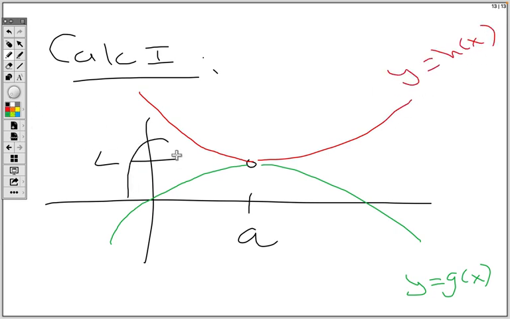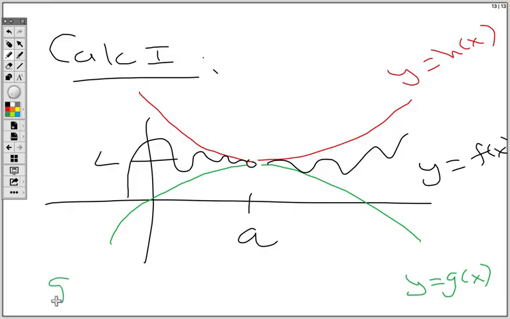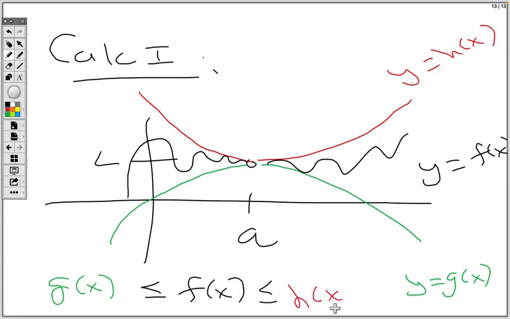And then you got the function you're interested in between all the time. So if you've got a situation where your g of x is less than or equal to your f of x, which is less than or equal to your h of x, in some open interval around a, and you've got the limit of h of x and the limit of g of x going to the same place, namely L, then the function f of x gets squeezed to go to the same limit as h and g did. All right, so that gets squeezed into L. So that was your squeeze theorem.